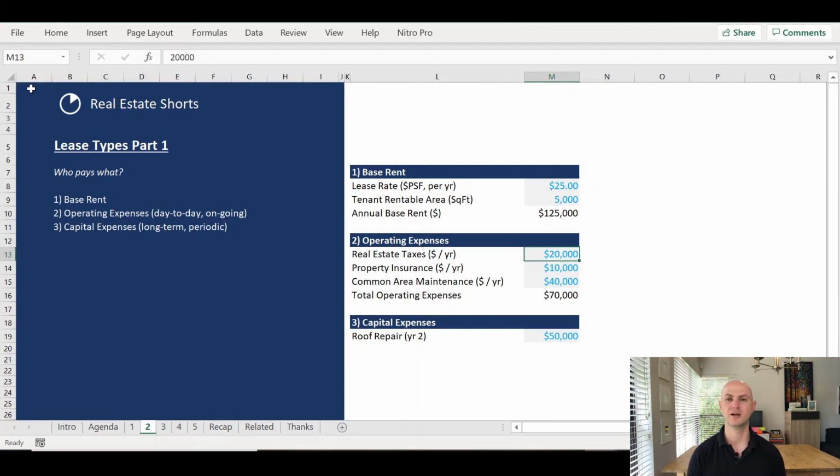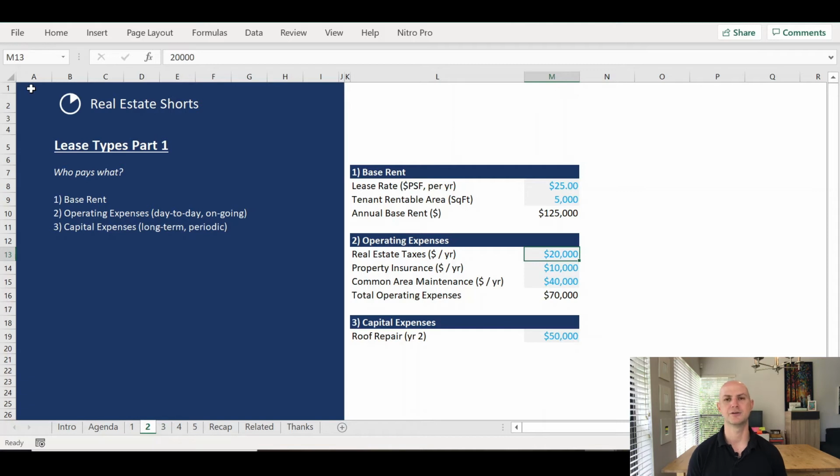Common area maintenance is that bucket that includes all the other items that are not real estate taxes and insurance. So again, landscaping, security, maintenance, utilities, and so on. Now that we've defined operating expenses and their components, we've defined that second category.